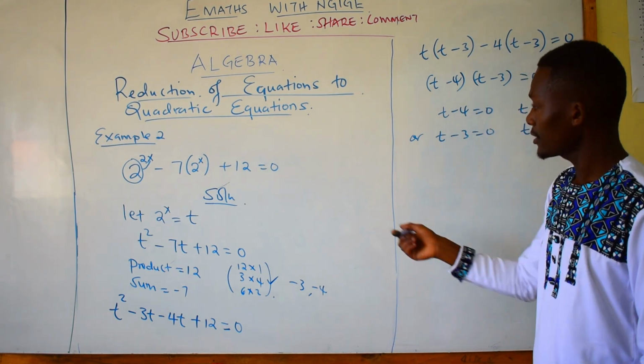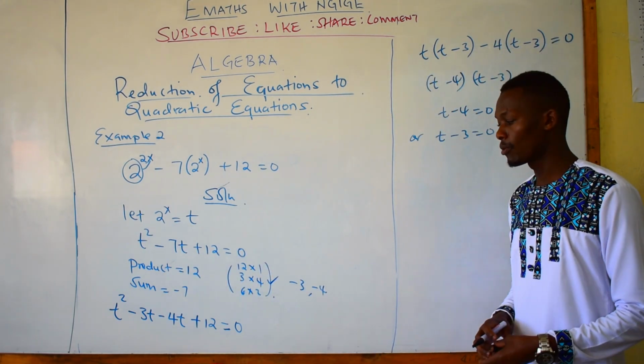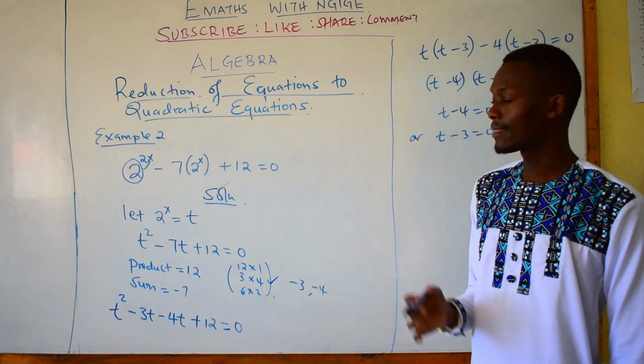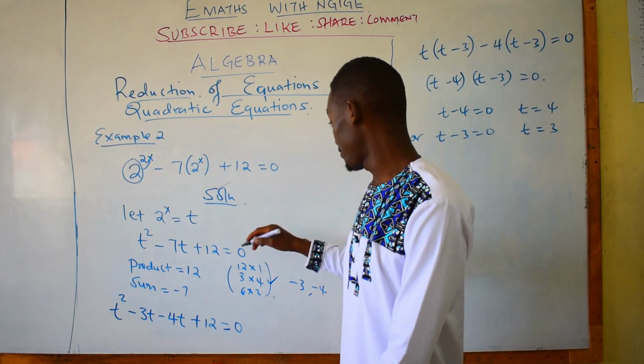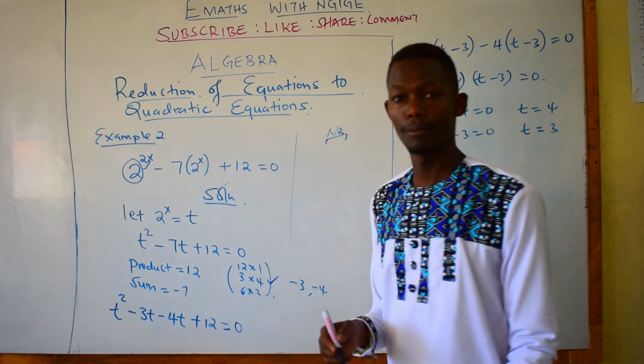Now, when you find your two factors that multiply to give you the product and the sum, you can just write them in terms of the factors. So let me put an NB here, or let me call it a trick.